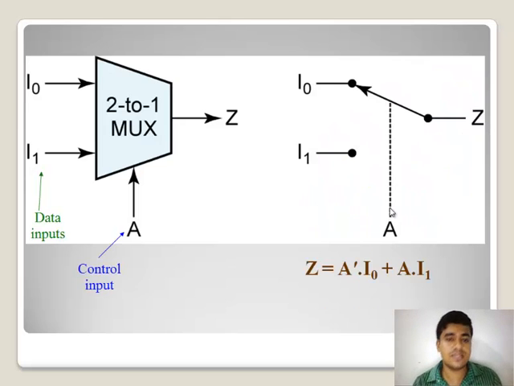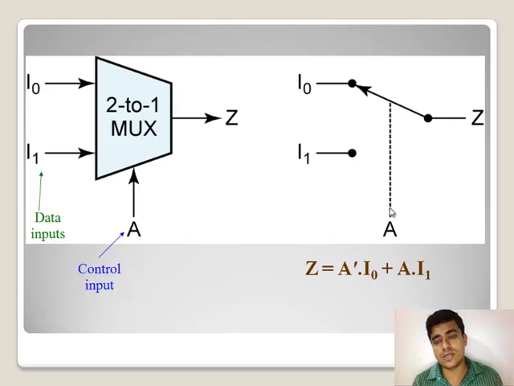Next we will see one of the diagrams for the 2 to 1 multiplexer. Here I0, I1 are data inputs, A is the control input and Z is the output. In the second diagram we see one switch for I0 and I1, and A is connected to that switch as a control input. On the basis of that, which input should be present at the output is decided.